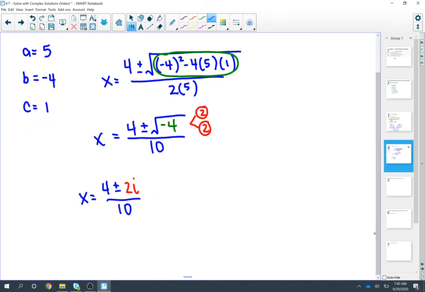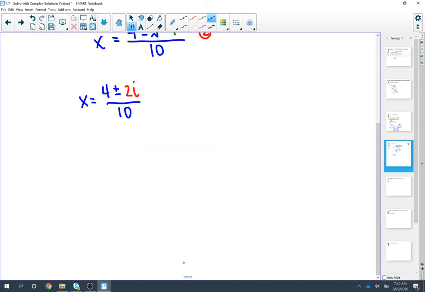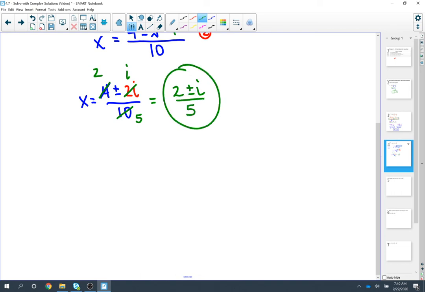At this point, I could break it into two separate equations, but I don't need to. Everything can divide by 2. So if I divide this by 2, I'm going to get 2. If I divide this by 2, I'm going to get just i. If I divide this by 2, I'm going to get 5. So my solution here is going to be 2 plus or minus i over 5. And I'm just going to leave both of my solutions like that.